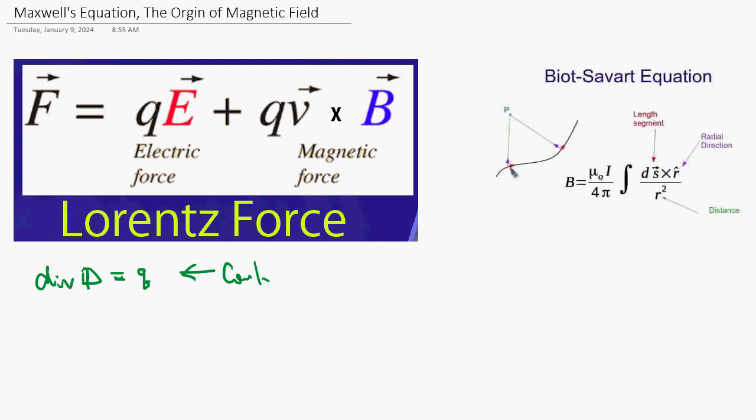Coulomb's law brings in this Gauss law, and the Gauss law of the magnetic field is 0. The magnetic field is defined by some kind of current flowing, and the magnetic field is formed around it.